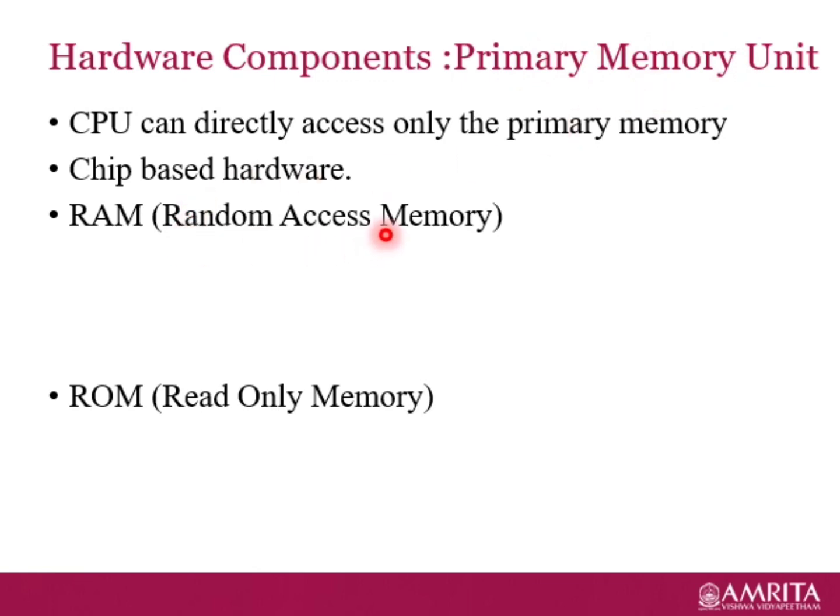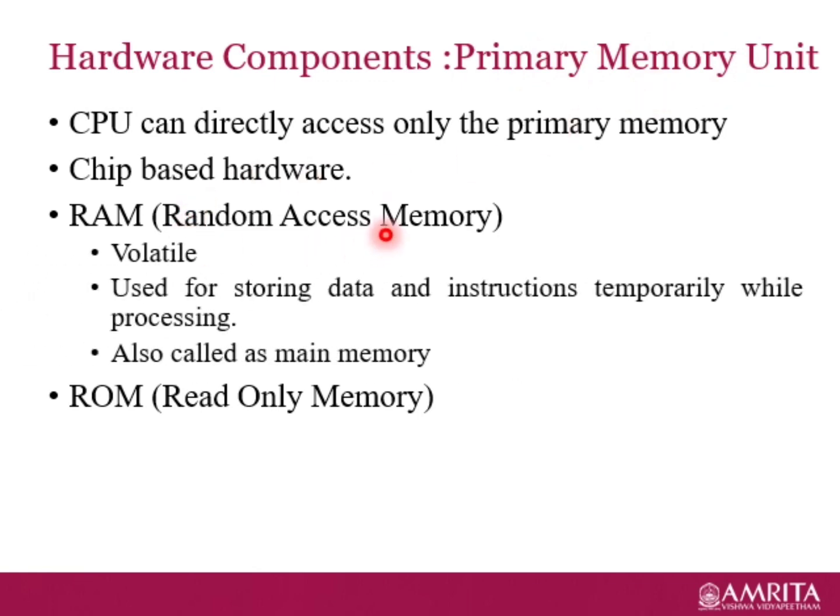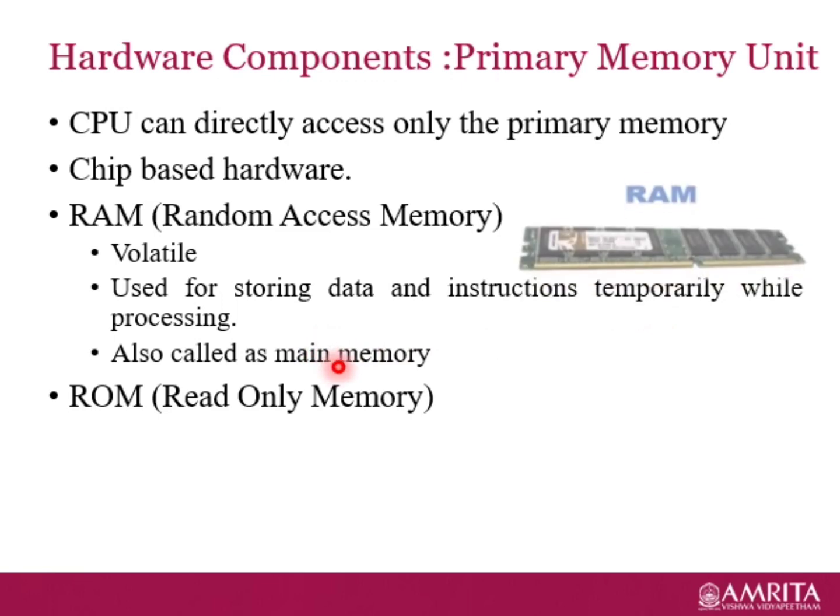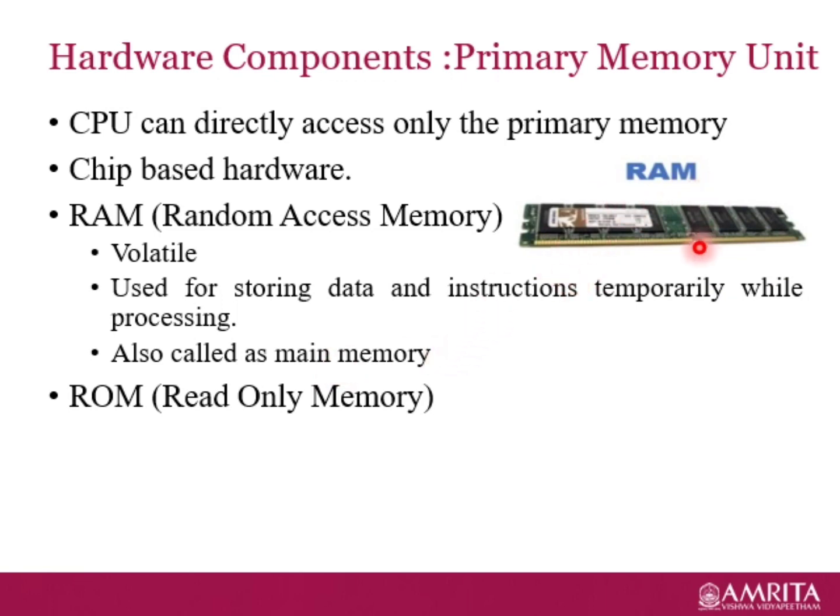RAM is random access memory, which is a volatile memory and used for storing data and instructions temporarily while processing. It is also called main memory. So this is the picture of a RAM, which is a chip. You will always call it a RAM chip.